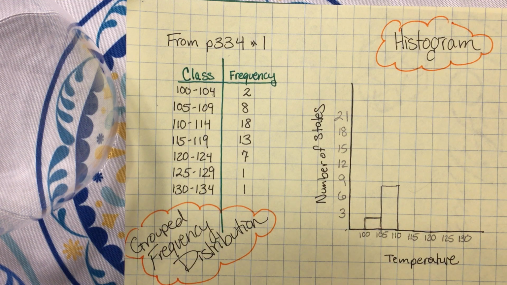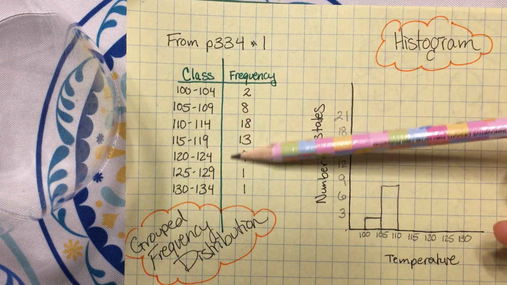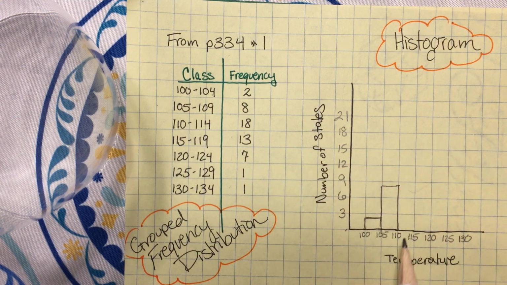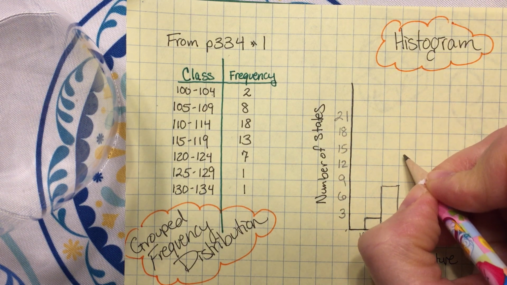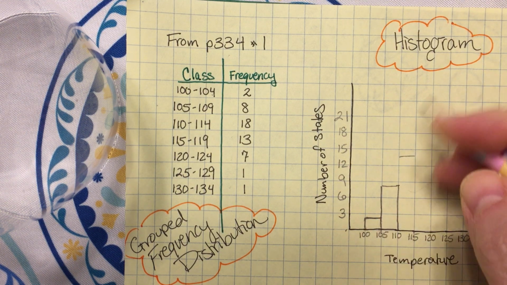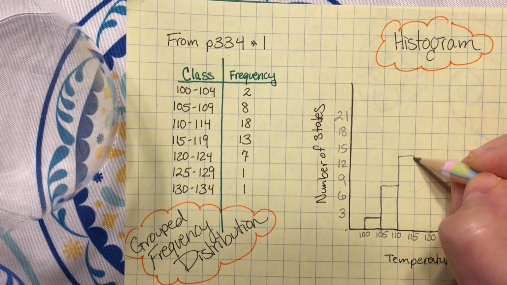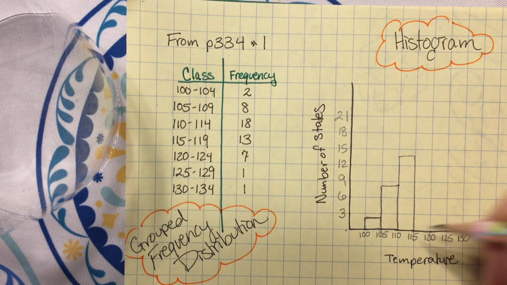There's no space in between. If one of my classes had a 0, then there would be a bar that was 0 high. But we don't have space in between the categories, like maybe a different type of bar graph might. But this is one of the things that's special about a histogram.